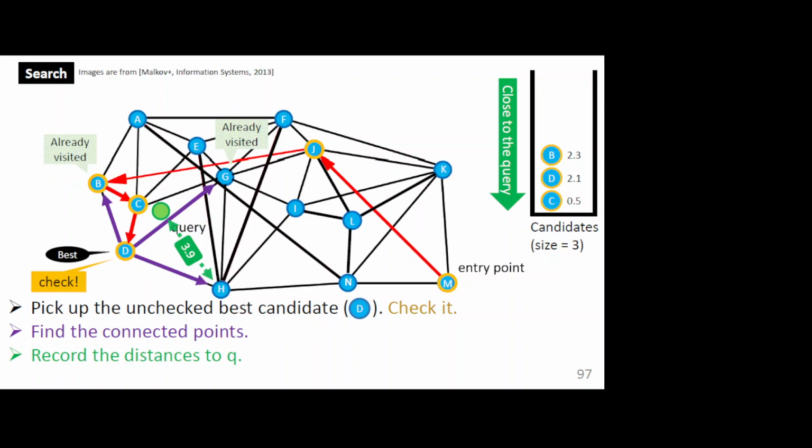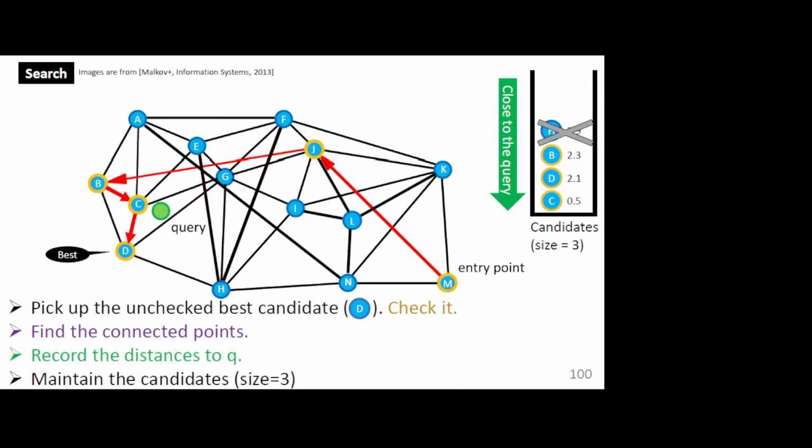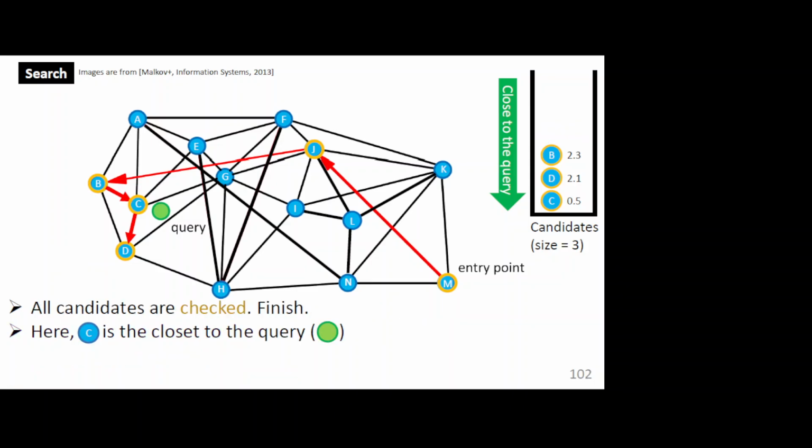So you compute the distance between H and your query, and put H in. But this cannot be in the top 3, so it will be removed. After the fifth iteration, the search can be stopped because all the candidates are visited.